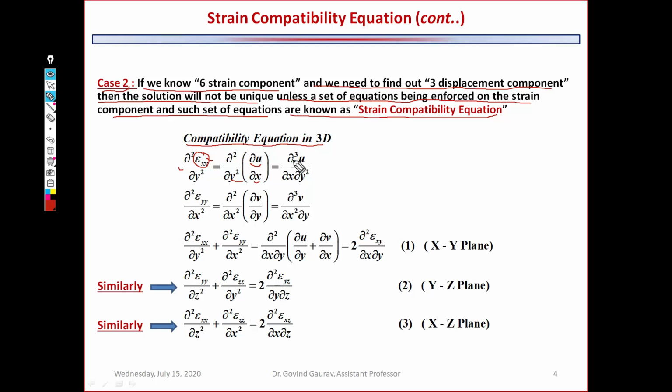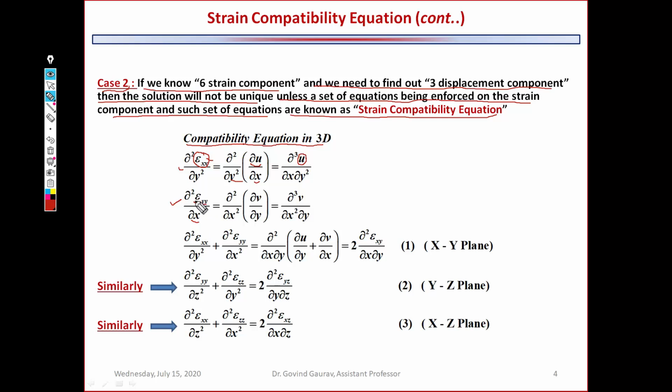If we differentiate it, we will finally get the solution in terms of the displacement. We will get del cubed u by del x del y whole square, which is the differentiation of the displacement in the x direction. Similarly, we can do the same thing with the double partial derivative of the strain acting in the y direction with respect to x.